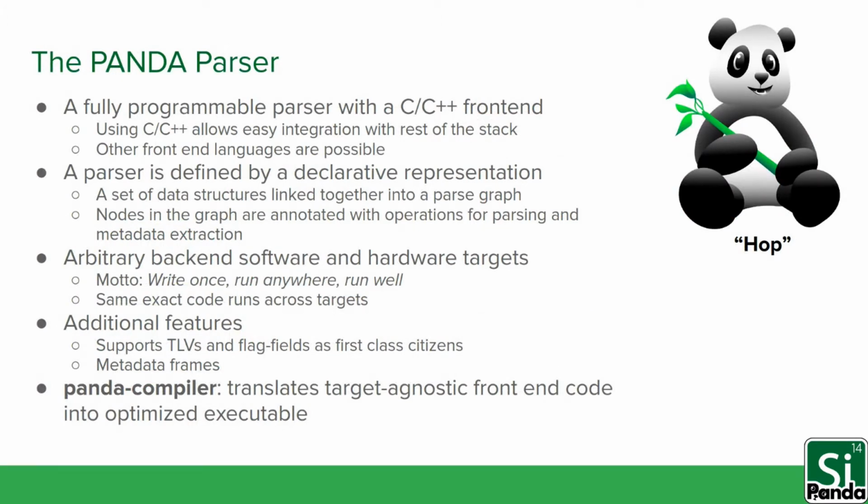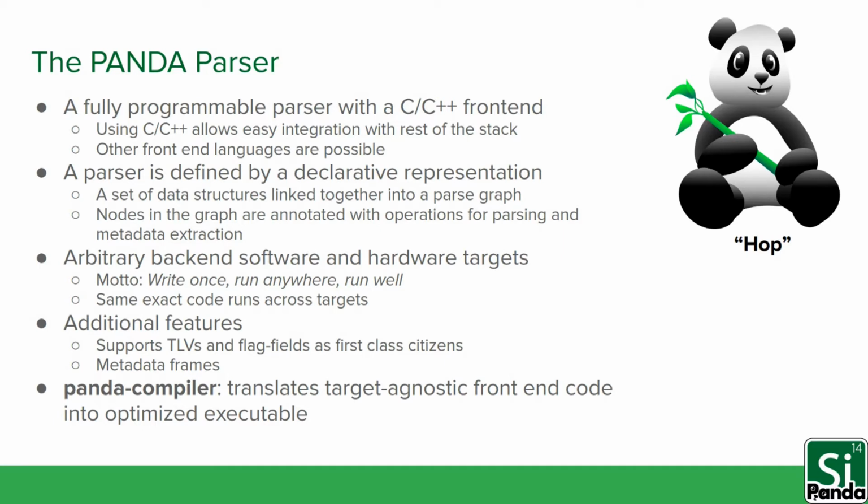And now we can look at the PANDA Parser, which actually addresses most of the issues that we just talked about, but it's intended for a much broader application than flow dissector. So the PANDA Parser is a fully programmable parser with a C and C++ front end. We chose C and C++ because it allows easy integration with the stack.